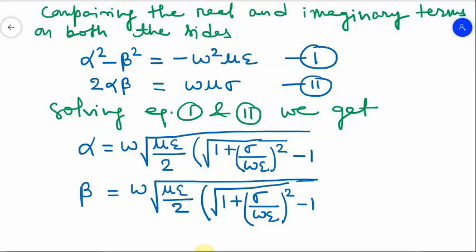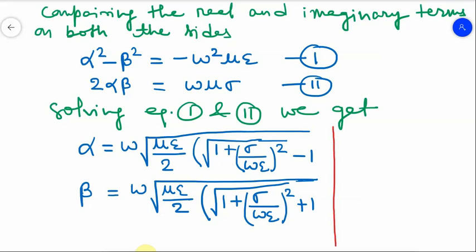So this is your alpha and beta, only the difference is minus and plus 1. So alpha and beta, after solving equations 1 and 2, we can get like this. Now we have some special cases here.